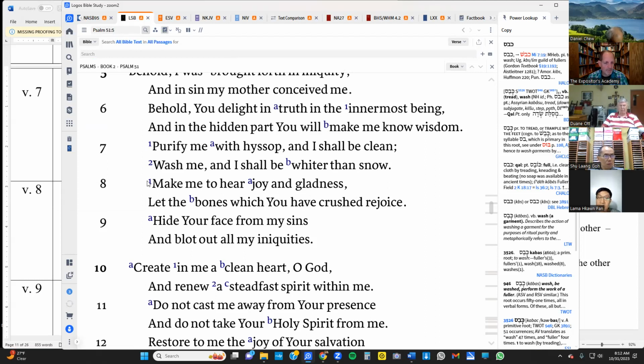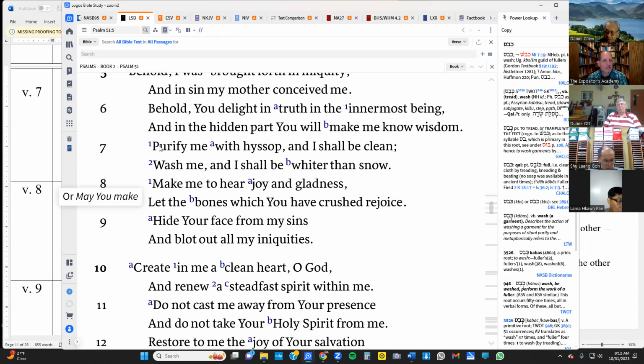And then notice they put a footnote here. I don't know if you can read it. May you make. So they see the idea here of this being a prayer. And if that's the case, then it would be more synonymous. May you make me to hear joy. Or may the bones which you have crushed rejoice.